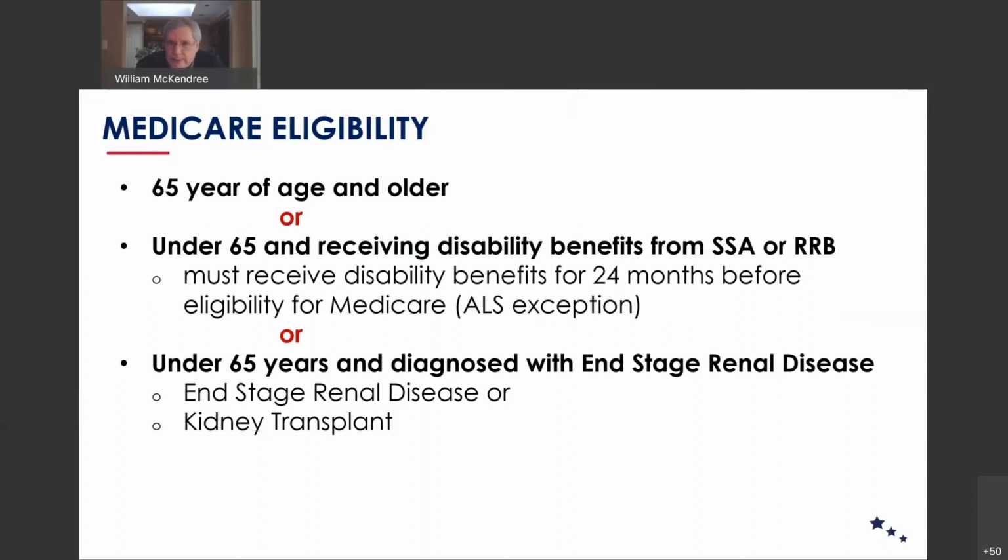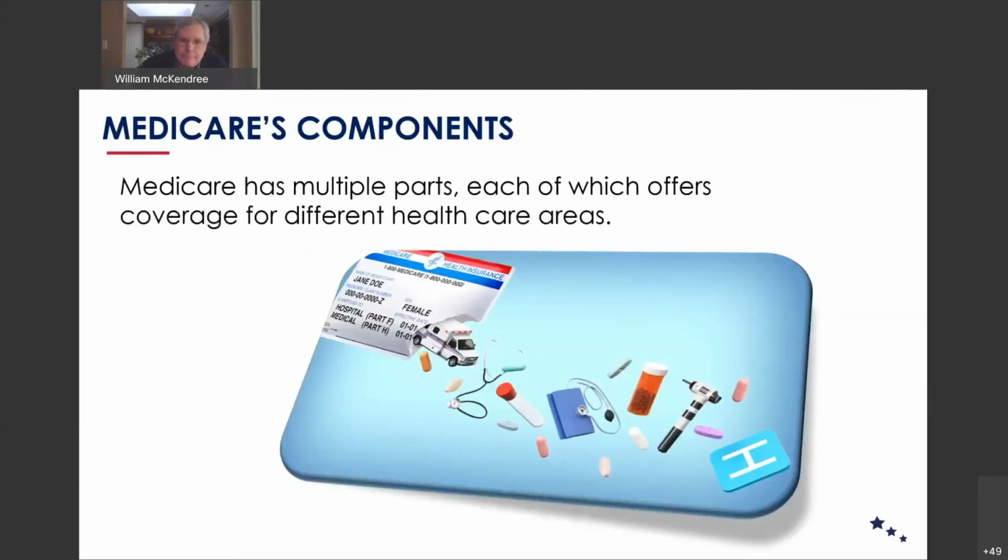For any of these circumstances, once the individual has demonstrated to the Social Security Administration either age, disability, or end-stage renal status, the entry allows them to pick up the component parts of Medicare, Part A and Part B, and the additional products that are going to enhance the Medicare.